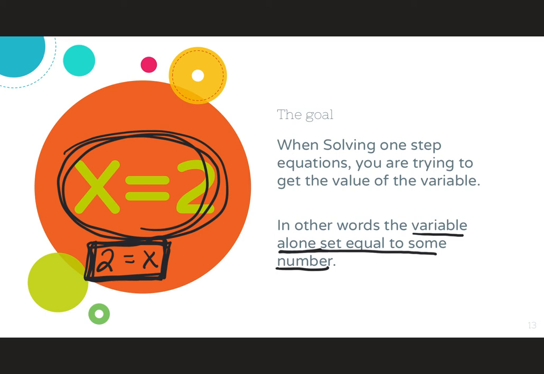So we need to start with that idea. How do we get just this x by itself? So that would be our goal. So again, take a minute to write down some notes. Pause the video, write it down, and we'll move on.